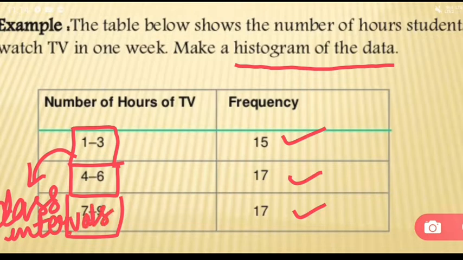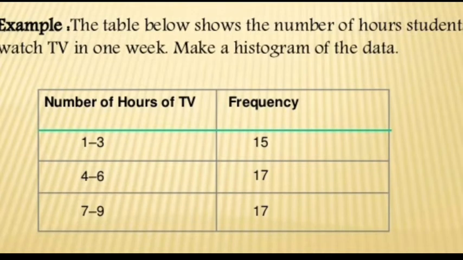So if the data is classified in class intervals, then only we can represent it as a histogram, otherwise not. If we can divide the data like 1 to 3, 3 to 5, 5 to 7, 7 to 9, this way, then we can represent it in a histogram, otherwise not.